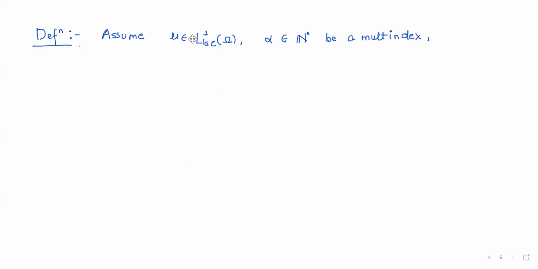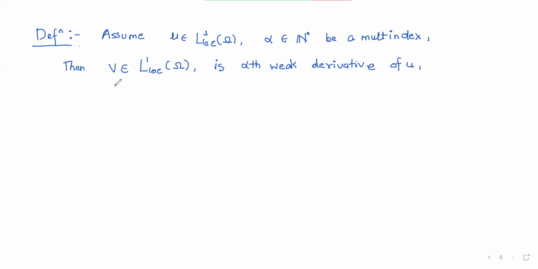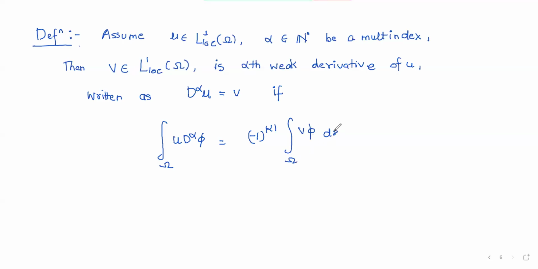Then a function v, which is locally integrable on omega, we say is the alpha-th weak derivative of u, and we denote it as D^alpha u, this is just notation, equal to v, if it satisfies this integration by parts for all compactly supported test functions. So is the definition clear?